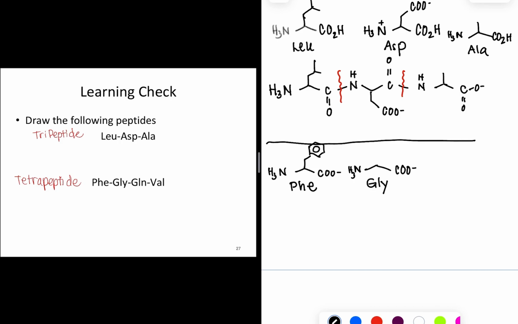We haven't really talked about the chirality too much here, but notice for the other amino acids, all of them have 4 different things attached at that alpha carbon. So the alpha carbon is chiral. Glycine, on the other hand, has just 2 hydrogens. So glycine is kind of special because it is not chiral.